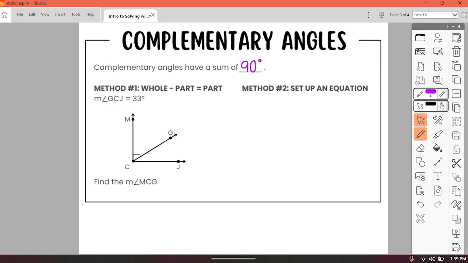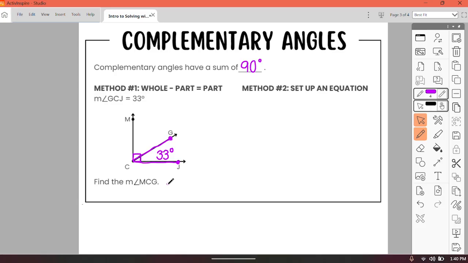It says that angle GCJ is 33 degrees. So I'm going to write that in there. I'm going to label my picture. And then this box in the corner and the fact that they're complementary tells me that both angles equal a whole of 90 degrees.